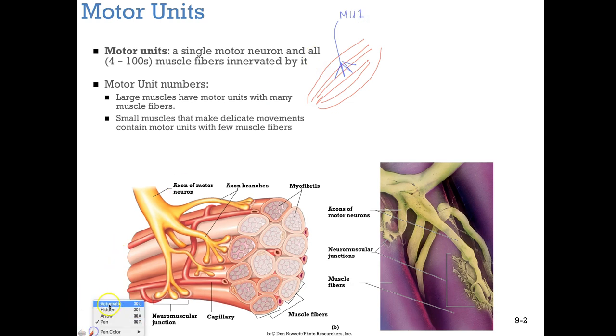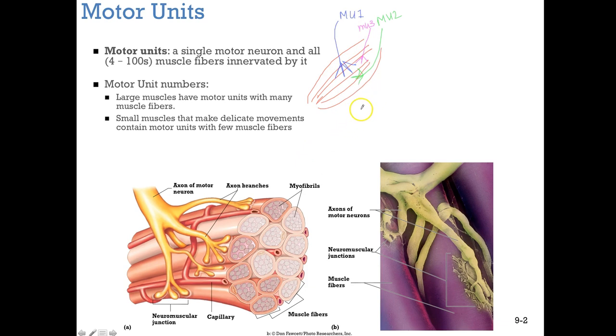And then I will have another motor unit coming from over here, branching, motor unit 2. And I might even have another one. Let's say this is motor unit 3. And all of these are grouping certain muscle fibers together.